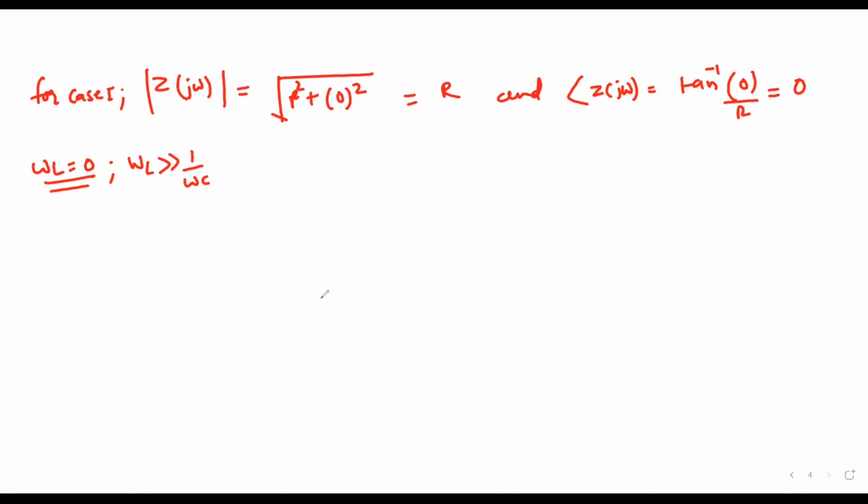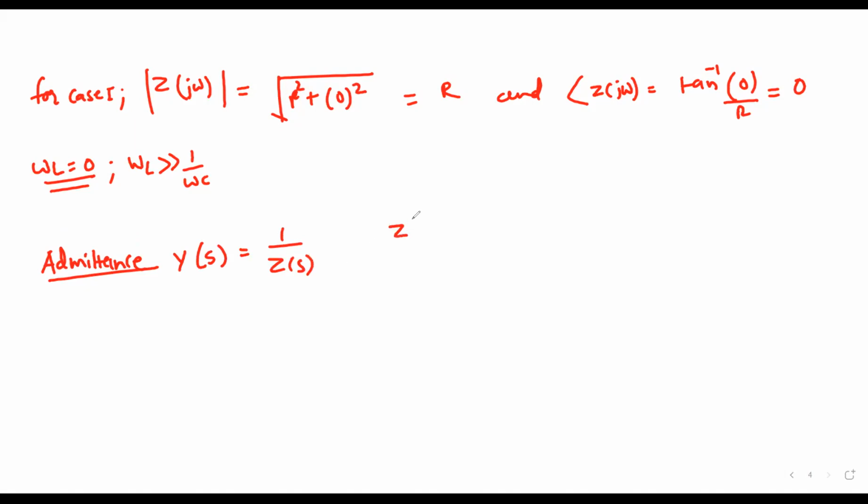Fine. Now let's focus upon the admittance. What is admittance? Admittance is Y of S. It is the inverse of Z of S, so it's the inverse of the impedance.